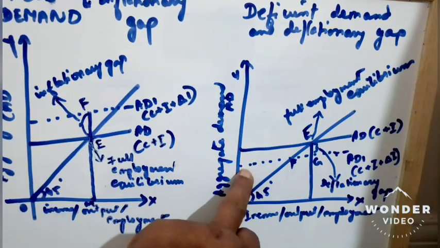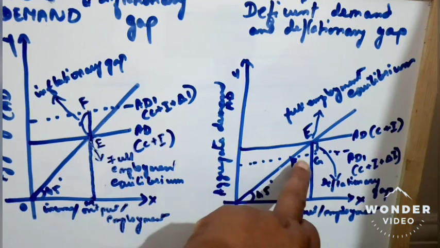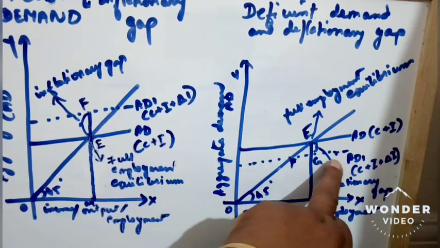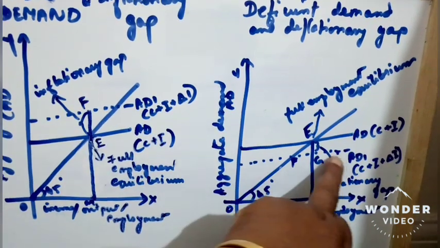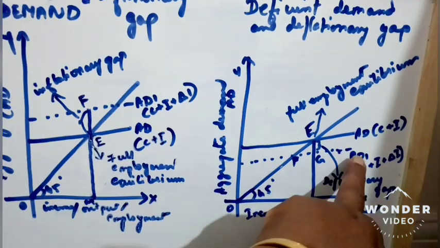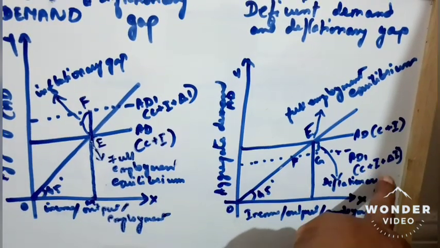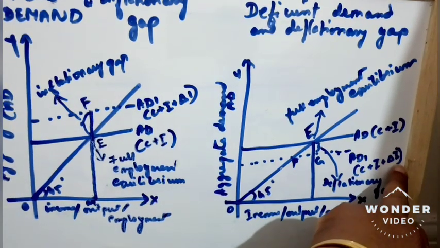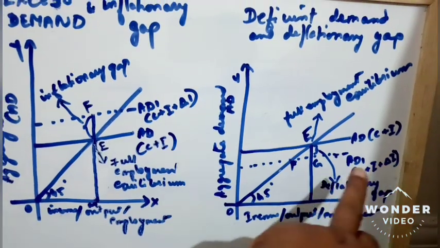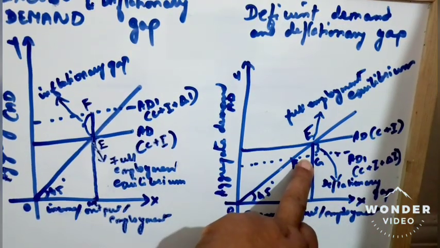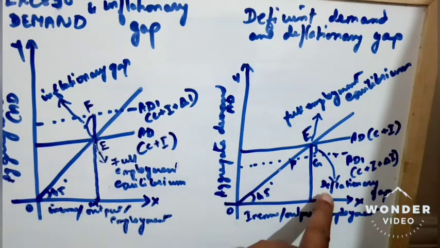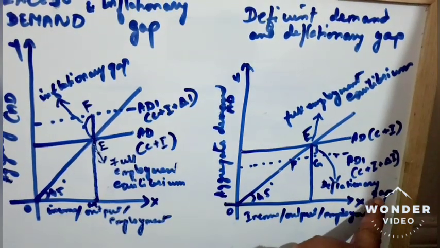Then due to a decrease in investment, there is a new curve, that is the aggregate demand curve AD1, which is consumption plus investment plus change in investment. It cuts at point G. So EG is the deflationary gap.